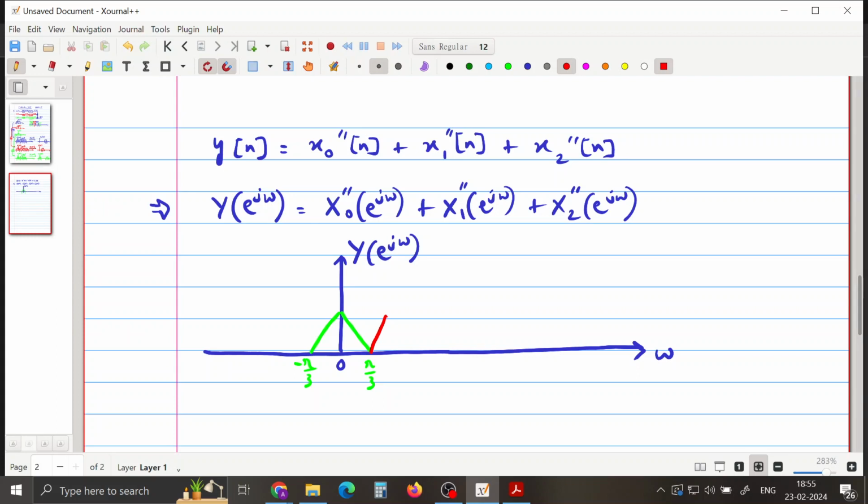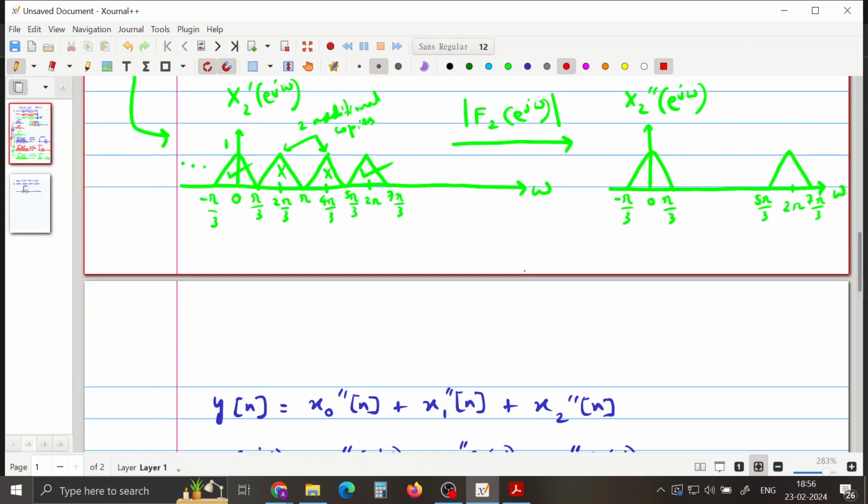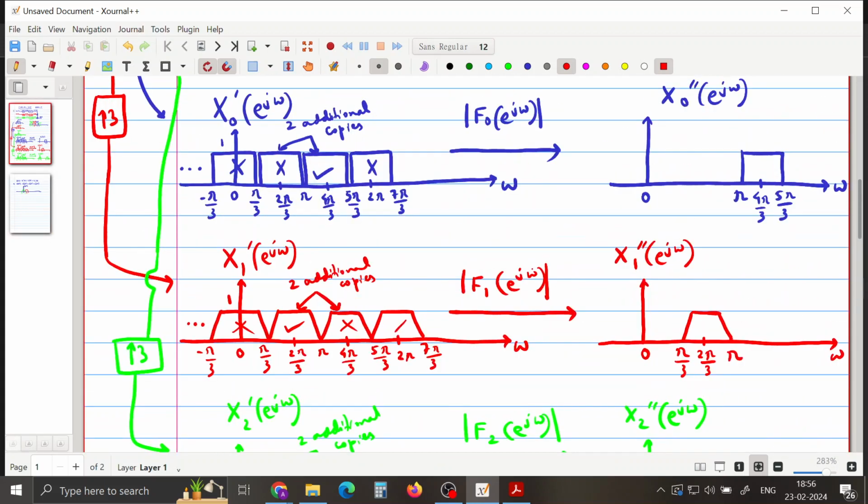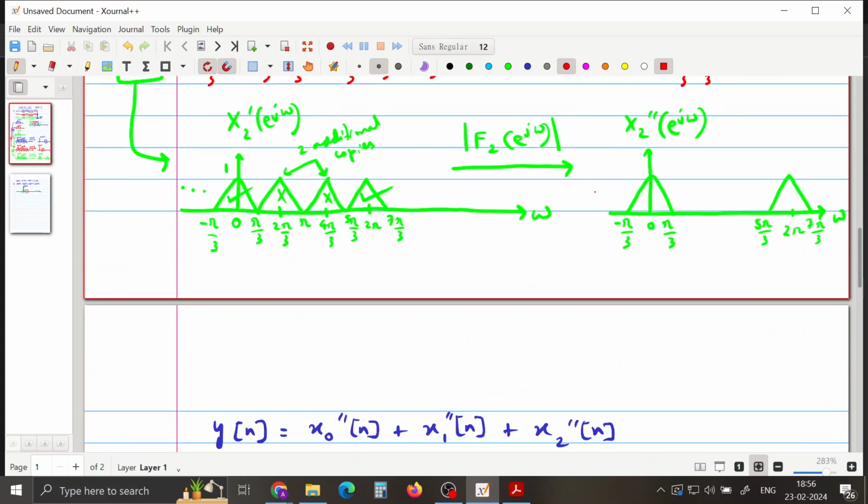It looks kind of like this, from pi by 3 to pi, and then at pi the new spectrum that gets added is this blue one from x naught double prime, from pi to 5 pi by 3.